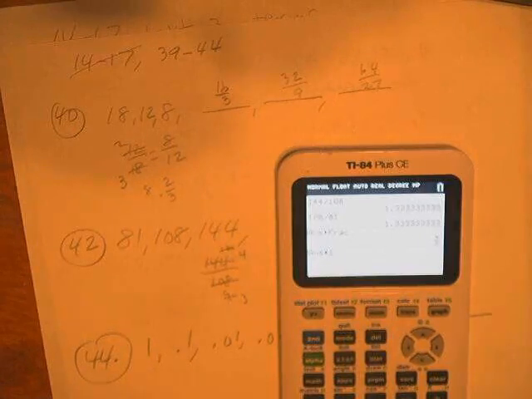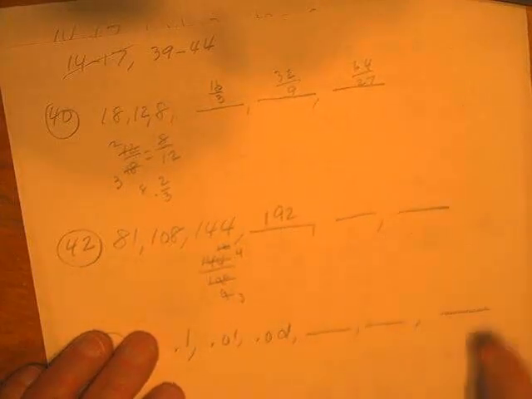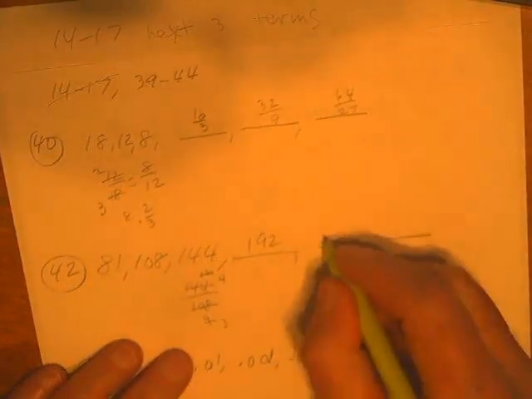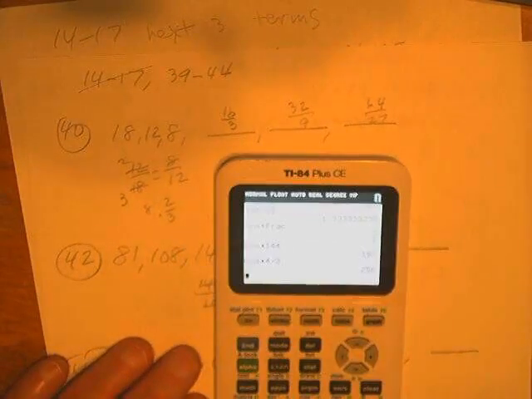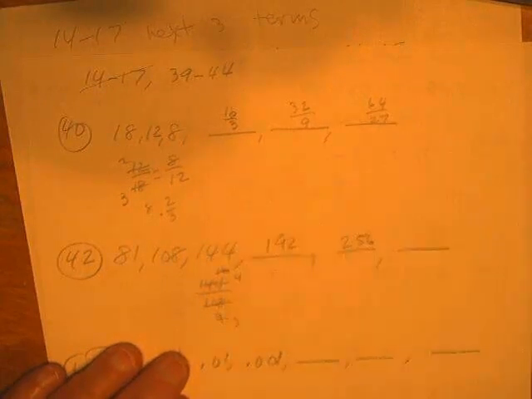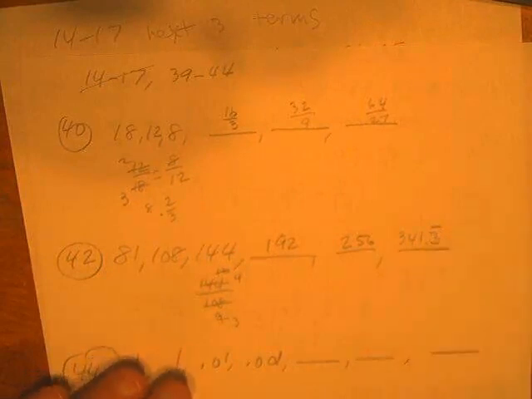And so you can do times 144. That's this one. Times 4 divided by 3. 256. And since we've done it twice, just hit enter and you'll get the last one. 341.3 repeating.